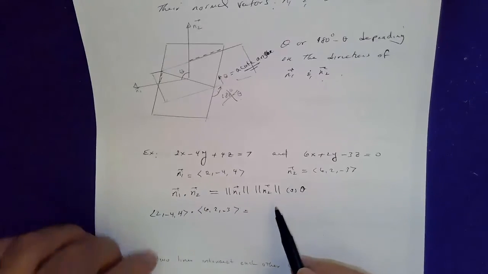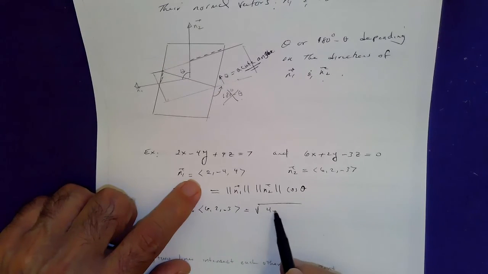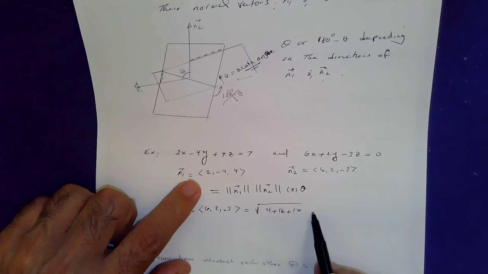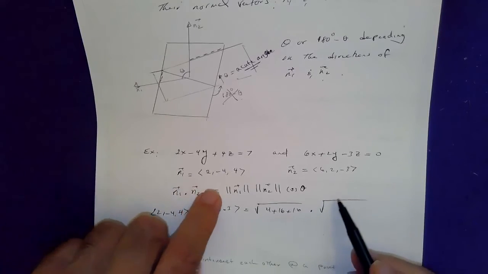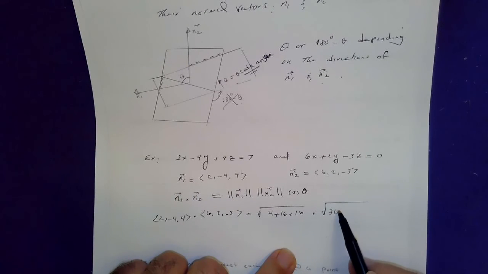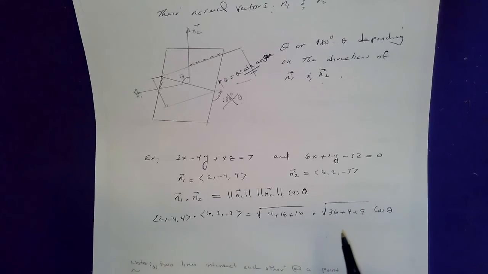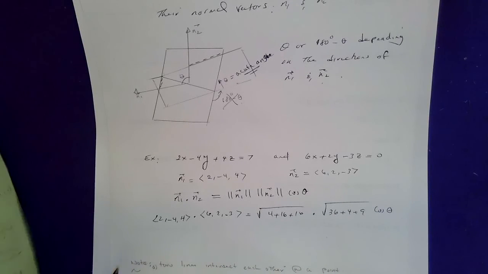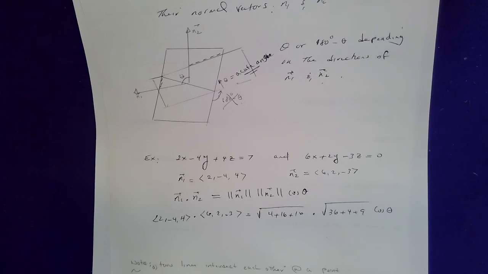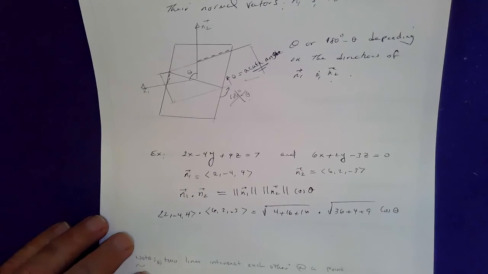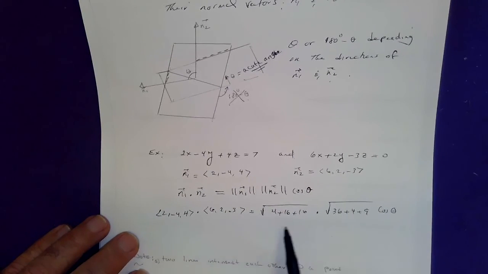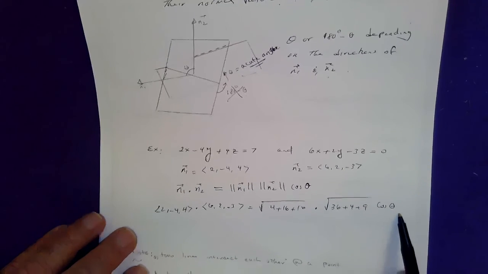And then the magnitude of N1, which is the square root of 4 plus 16 plus 16, times the magnitude of N2, which is the square root of 36 plus 4 plus 9, times the cosine of theta. Do you see it? So now that we got the formula going, all you have to do is perform these operations and see what theta is.